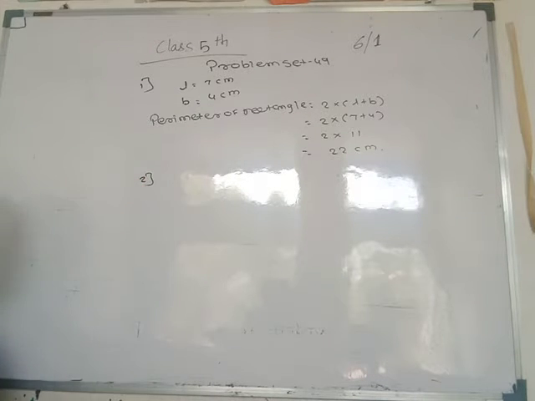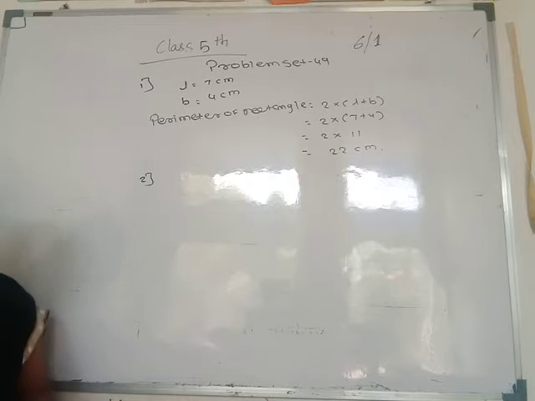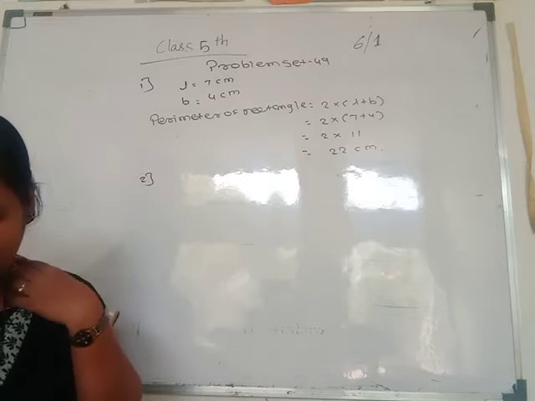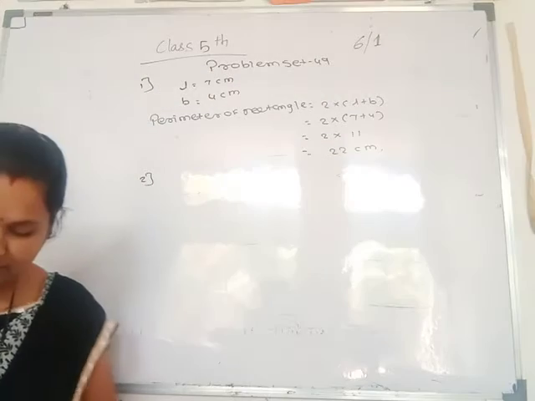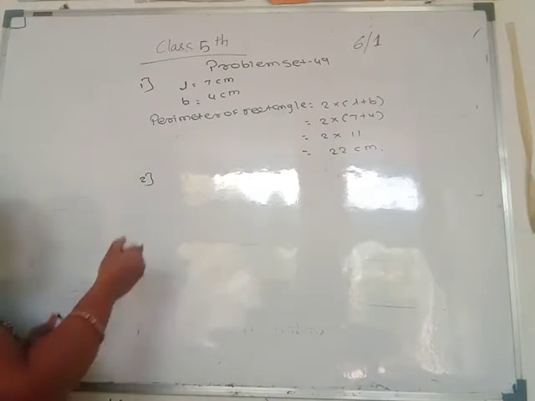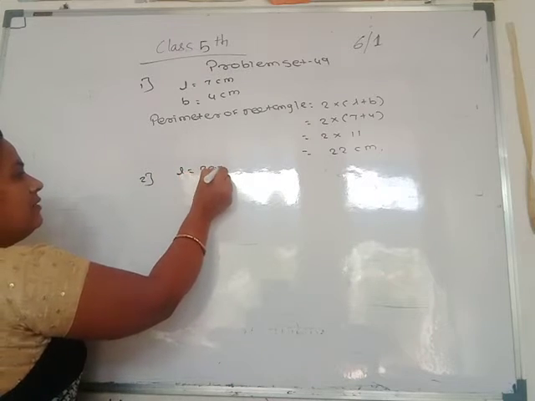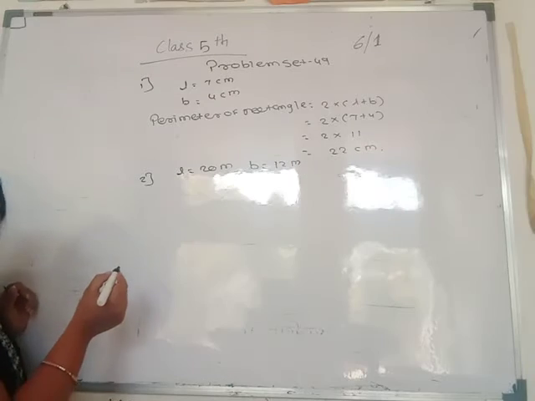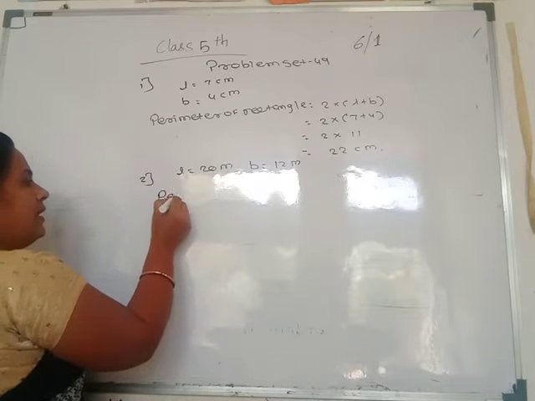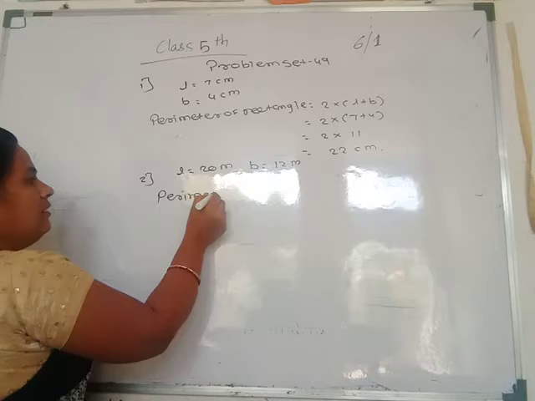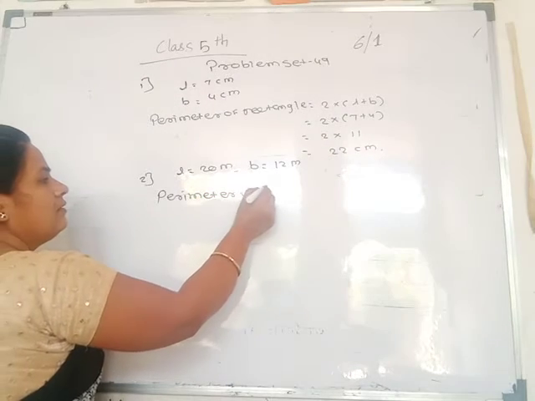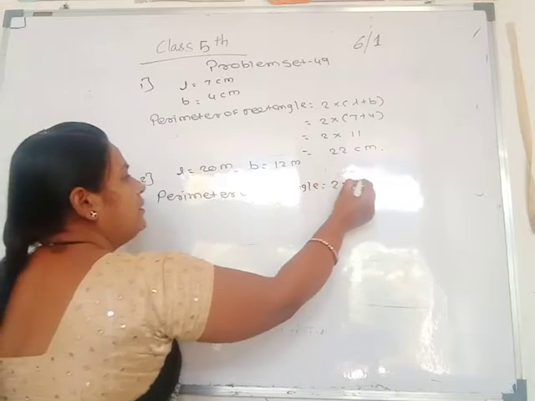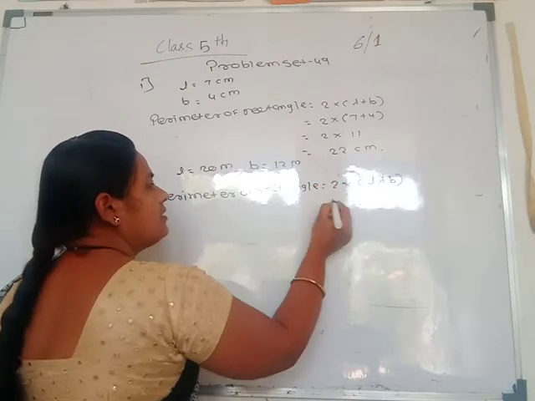Second one. If the length of a rectangle is 20 meter and the width is 12 meter, what is its perimeter? This is also the same kind of example. Here L is 20 meter, B is 12 meter. Perimeter of rectangle is equal to 2 into (L plus B).